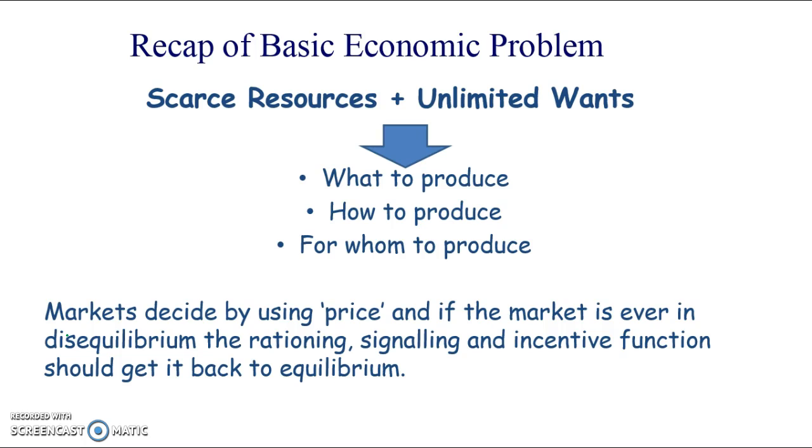And if the market is ever in disequilibrium, the rationing, the signalling, and the incentive function are going to get it back to equilibrium. Okay, so it's going to be decided by markets. The interaction of demand and supply is going to decide all of those three things there. And if it's in disequilibrium, we're going to find that the market sorts that situation out.